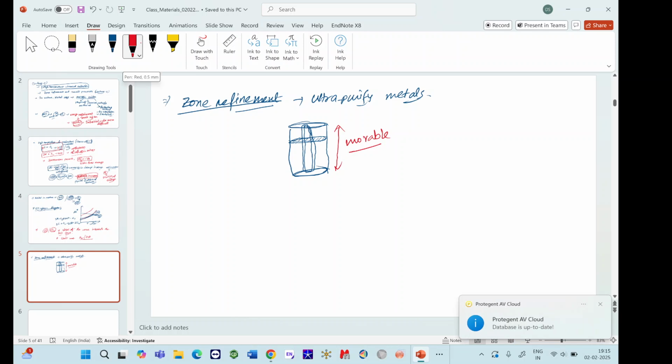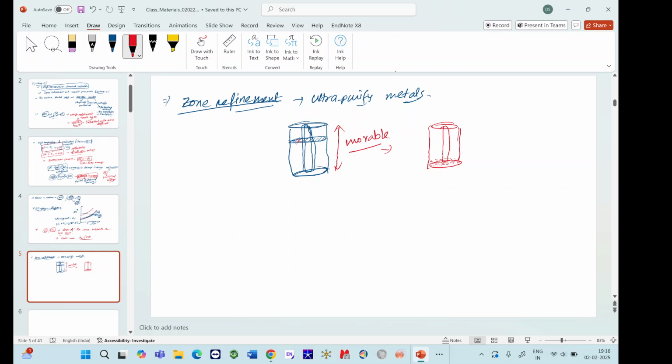So you can fix it in such a way that the heater can move vertically, and when it is melting, at the end, so this is your metal. On one end, all the impurities will gather. Okay, so the thing is that when you heat and cool successively, when it is cooling down, the impurities shift to one specific side.